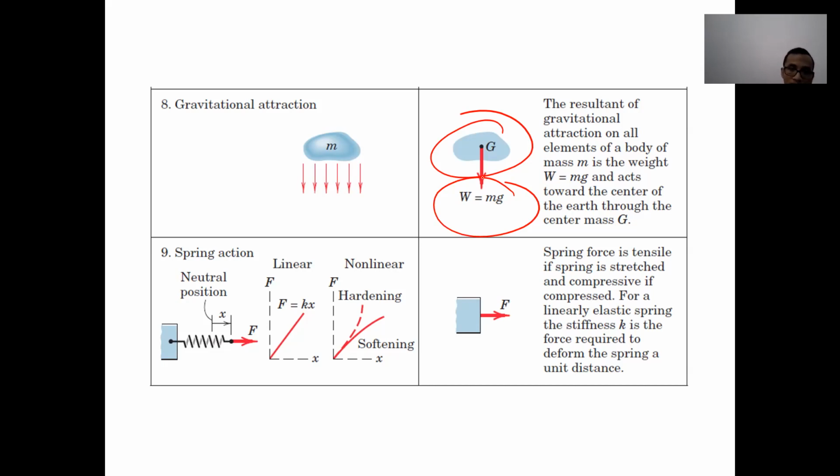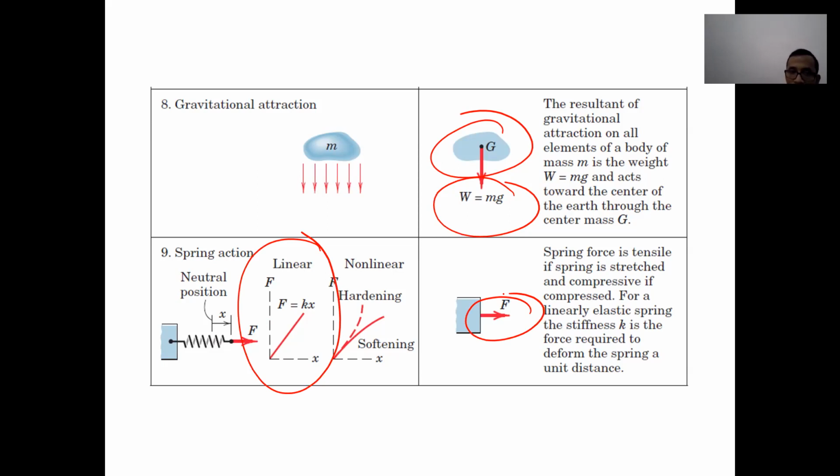And when we talk about spring, normally we always talk about a linear spring because we talk about a basic problem, right? Linear spring. Normally we will have to replace the spring with a force in the same direction as the spring.